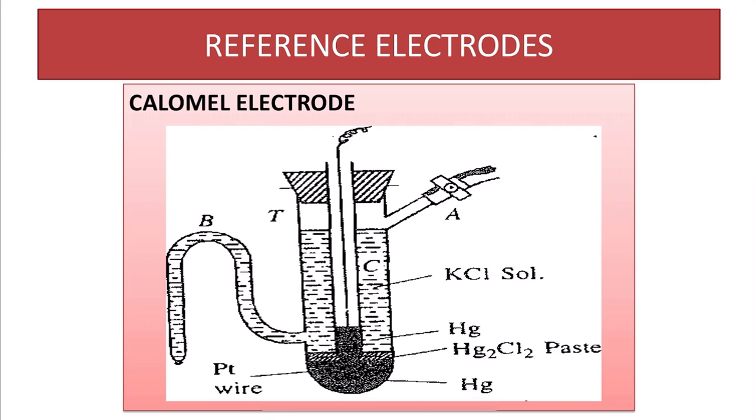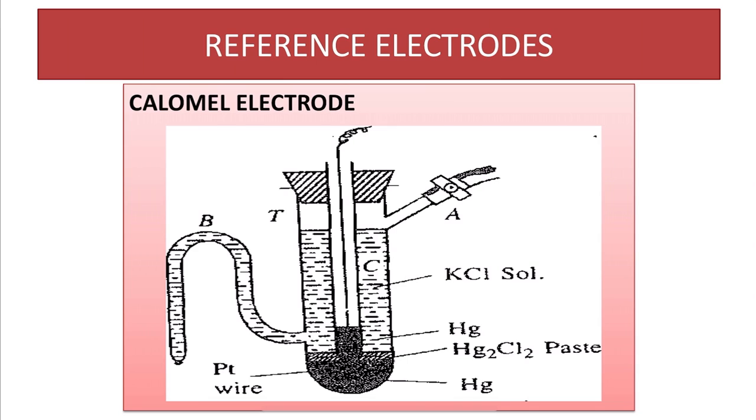Above this layer, a paste prepared by grinding calomel with a few drops of mercury and some KCl solution, that is potassium chloride solution, is placed. So this is the potassium chloride solution. The whole vessel is then filled with saturated KCl and sealed off.